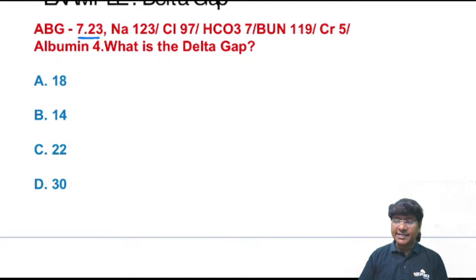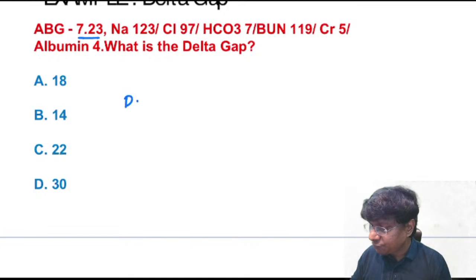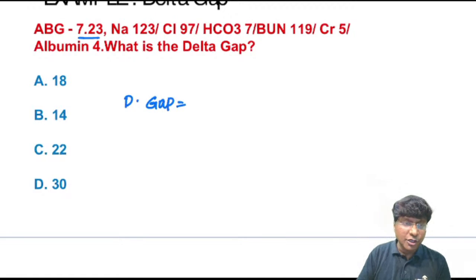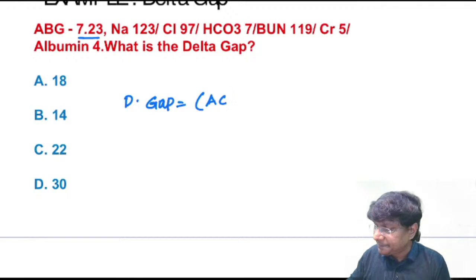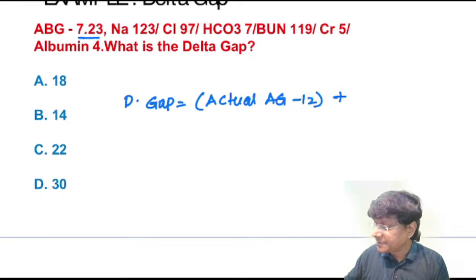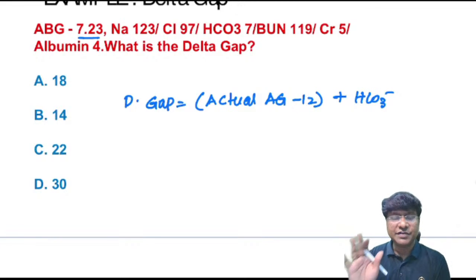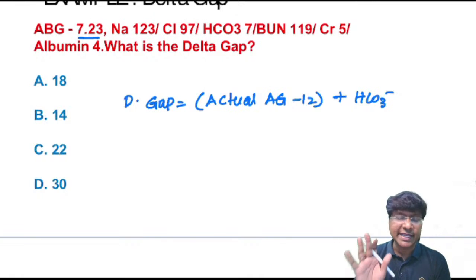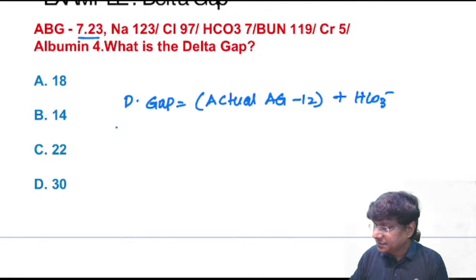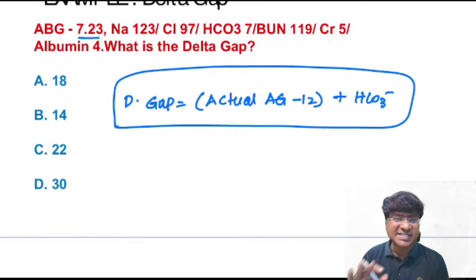Now, how do you get the delta gap? What is the formula for the delta gap? The formula for the delta gap is the actual anion gap minus 12 plus bicarbonate. There are many books which have given different formulas for calculating the delta gap, but what I felt was this is the best formula.